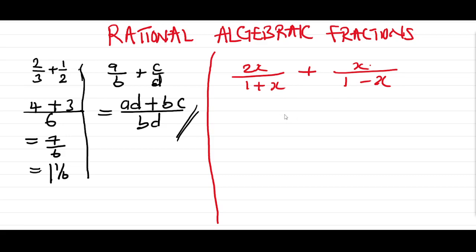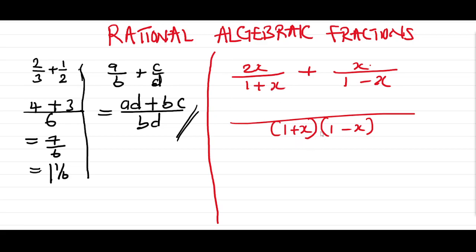So this is 1 plus x multiplying 1 minus x. And then here, 1 plus x multiplied by 1 minus x has to be divided by 1 plus x, of which they will both cancel out.